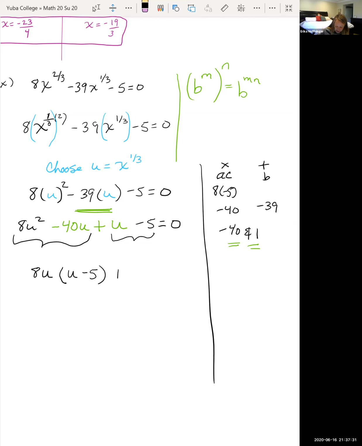Technically what you have in those parentheses are the same, so we can factor by pulling out the u minus 5 from both of those groupings. For the first piece, you're going to have an 8u left, plus, and for the other piece, you're just going to have a 1 left, equals 0.